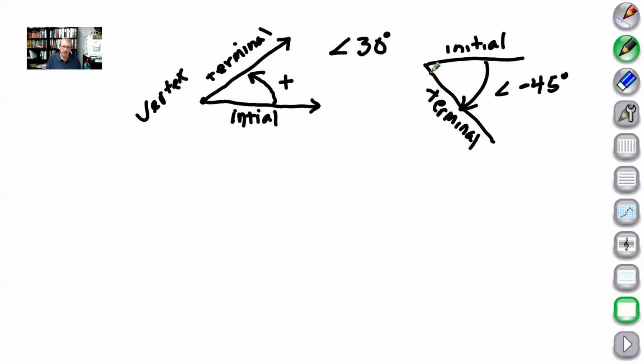This would still be our vertex right here. We usually designate it with a letter, maybe A, maybe B, whatever. So that would be our initial side and our terminal side. Okay, so that's kind of how we measure an angle. If it's going counterclockwise, it's positive. If it's going clockwise, it's negative.